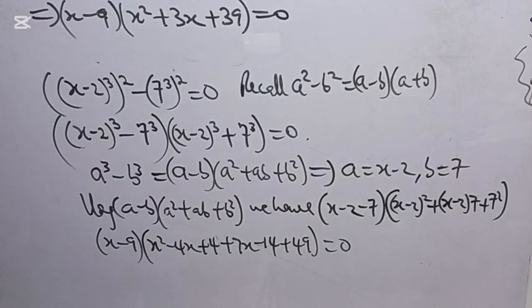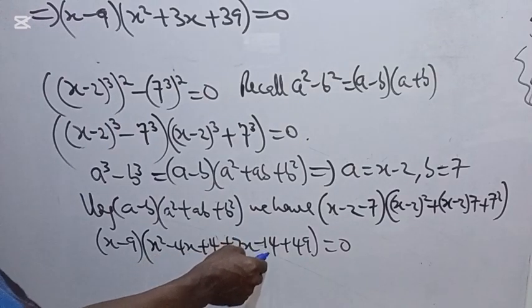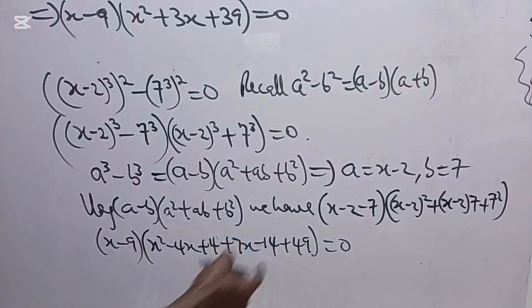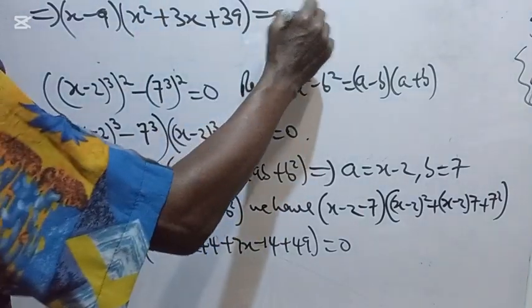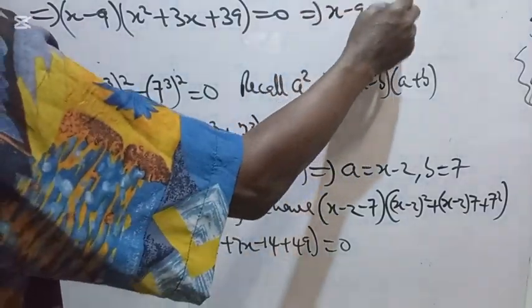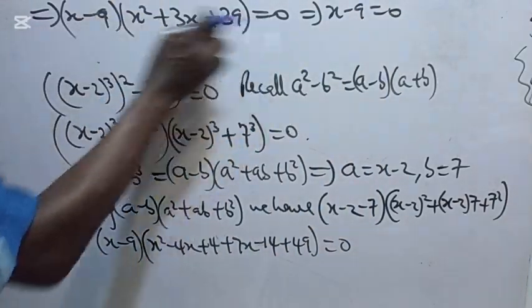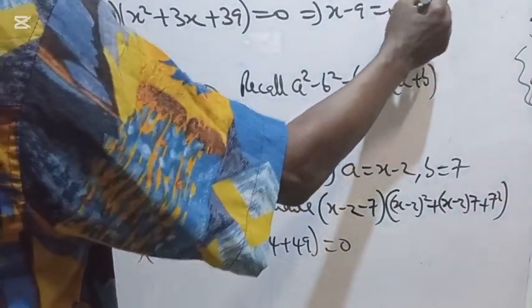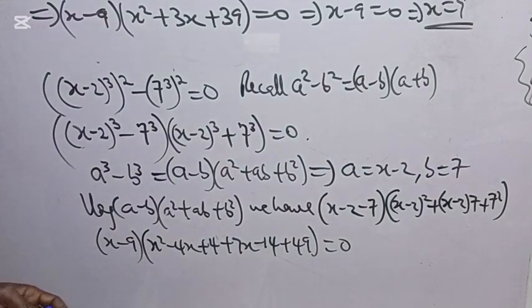Let's be careful here so that I don't run into trouble. Minus 4x plus 7x, that's plus 3x, plus 4 minus 14, that's minus 10, plus 49, that's plus 39. We are right. So that implies x minus 9 is equal to 0, or this equals 0. So x equals 9. We have gotten one of the values of x here. I hope you are following.